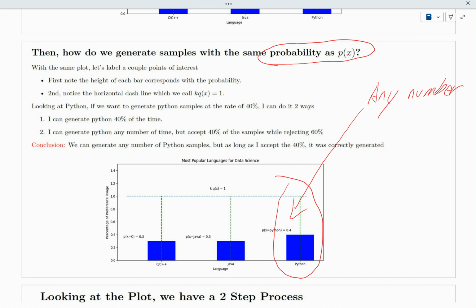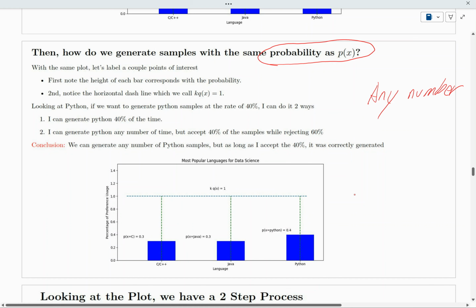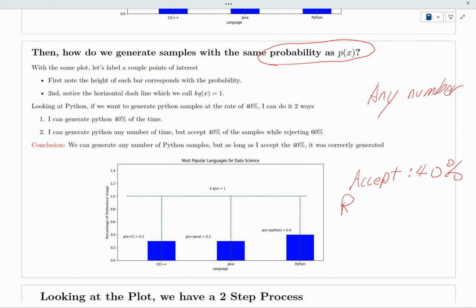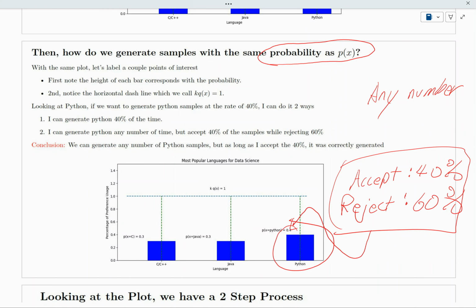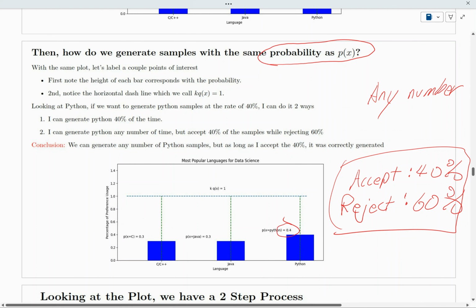So we don't have to generate 100, we just generate as many as we want. But as long as we accept the sample at 40% and reject the sample at 60%, we would essentially still be able to achieve the same histogram, right? So we're still achieving 40% acceptance. So 40% of the time, this will happen.